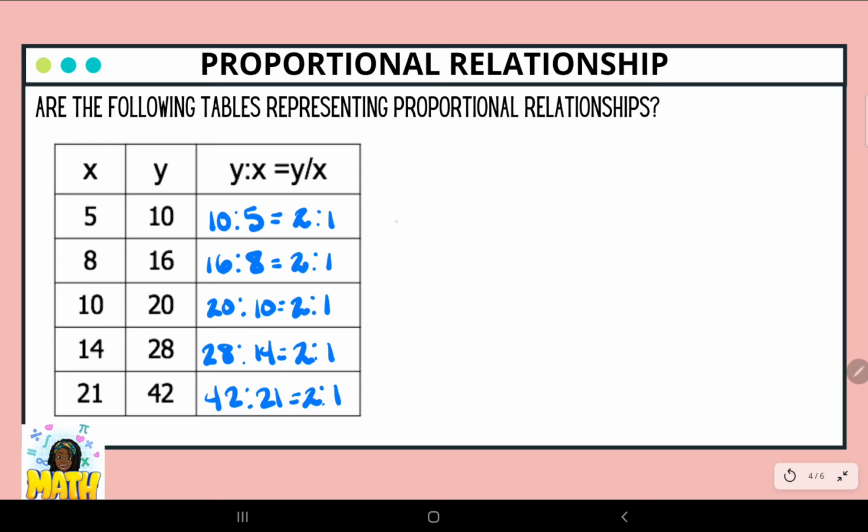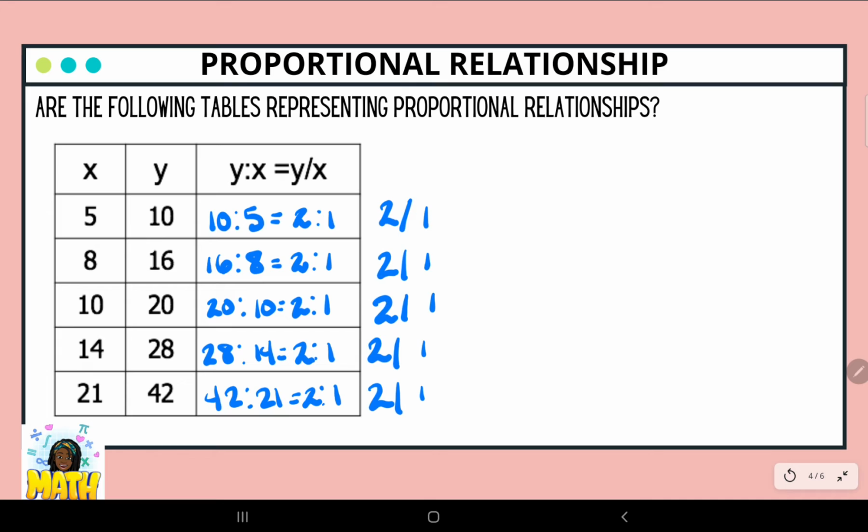So we can rewrite these ratios using our fraction bar. And if you notice, all of these ratios, when simplified, are equal. They're all equal to the ratio of 2 to 1.